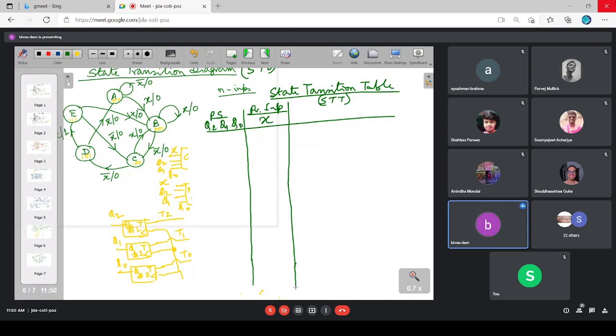Okay. Now in the output side, I require the next state and output. Once again, the next state is also a 3-bit state, Q2, Q1, Q0, and the output is Z.